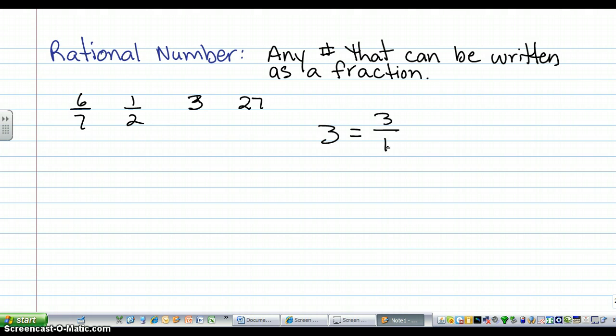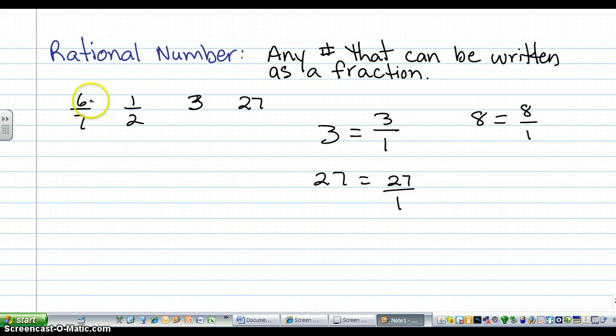So whole numbers have a 1 underneath them. And we could say they're rational numbers because I can write it as a fraction. I can write 27 as a fraction. 27 over 1. It really is as easy as that. So go ahead and show the number 8 as a fraction. 8 over 1. Okay?